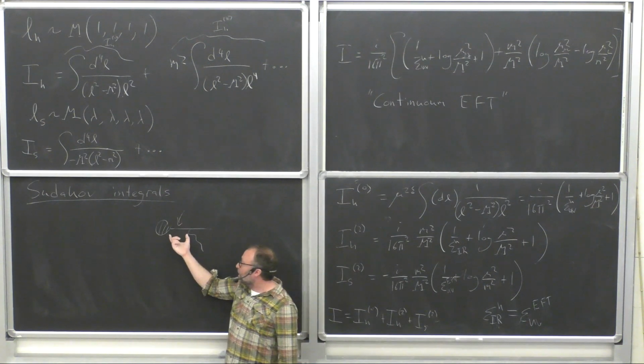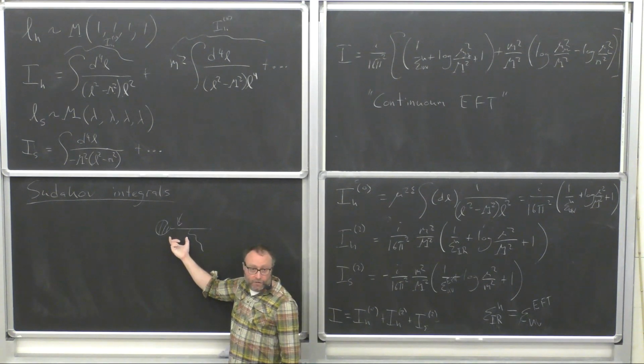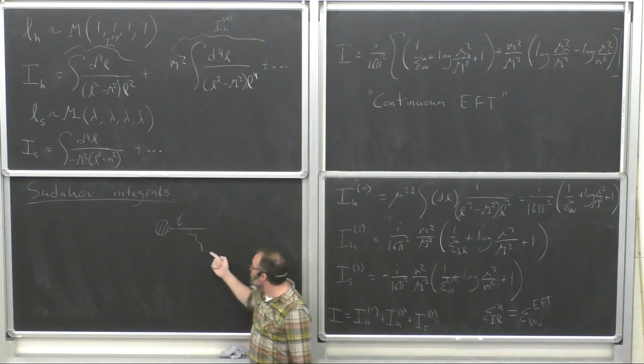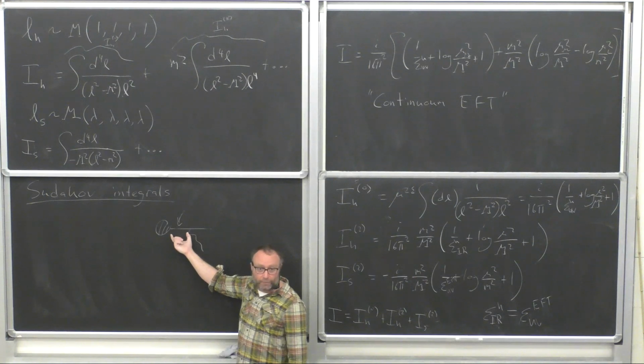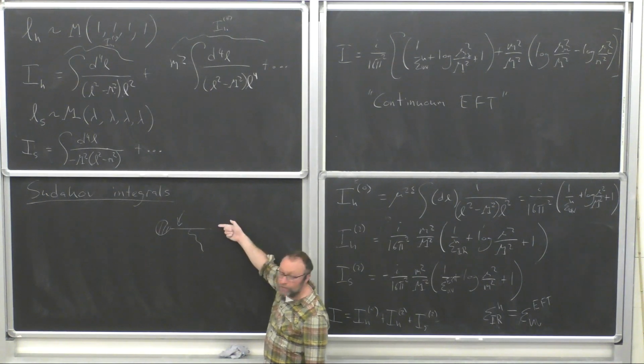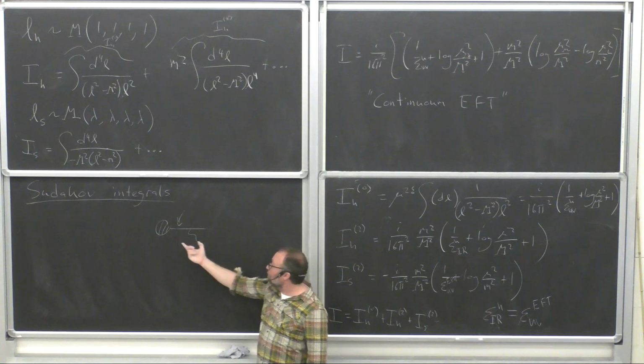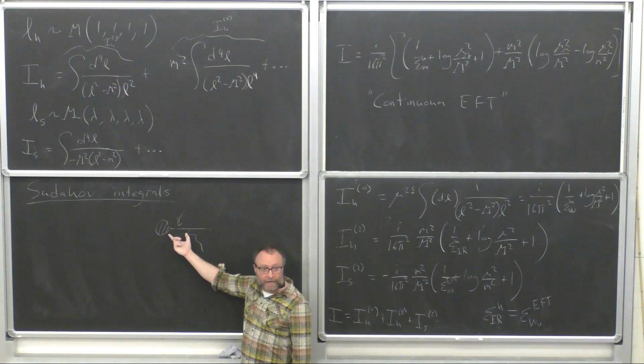It's straightforward to look at the kinematic configurations. When this photon's energy goes to 0, this propagator blows up. When this photon becomes collinear with the fermion, this propagator blows up, just from the kinematics.